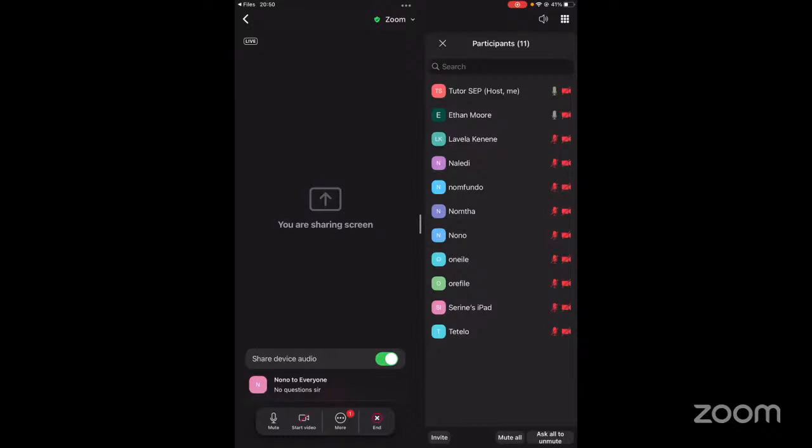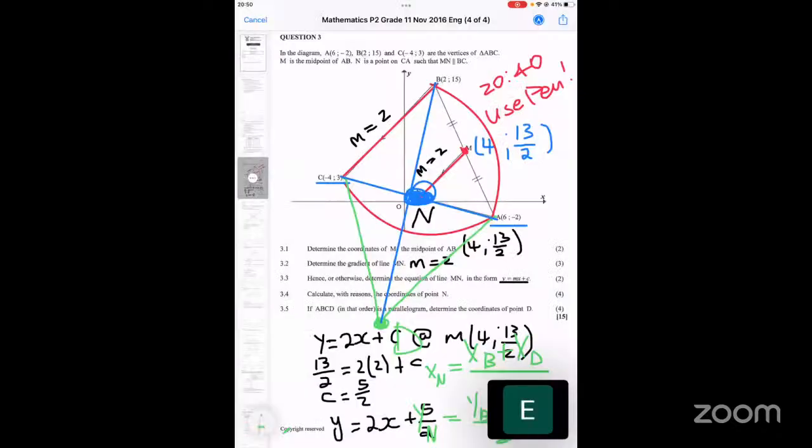For 3.3, I got y equals 2x minus 13 over 2. I see when you said 13 over 2, you said 2 brackets 2 plus c. Shouldn't it be 2 brackets 4? Because you substitute in the values.